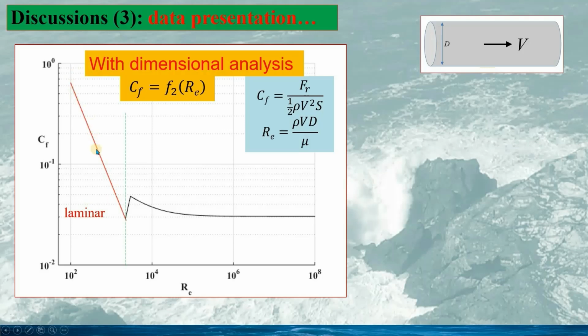So this would be given as the red curve. And when Reynolds number is larger, the fluid would be in transition. And for the fully turbulent flow, the fluid friction coefficient would be a constant C here.